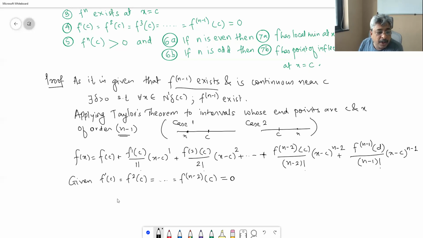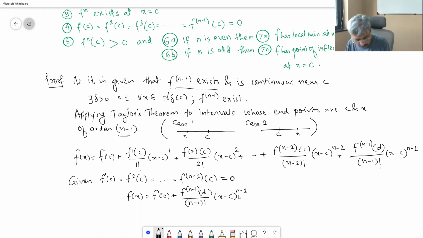This reduces the expression to f of x is equal to f of c plus f n minus 1 evaluated at d upon n minus 1 factorial into x minus c raised to n minus 1. So this is what we have got, and we have exhausted the condition that all of them are 0.